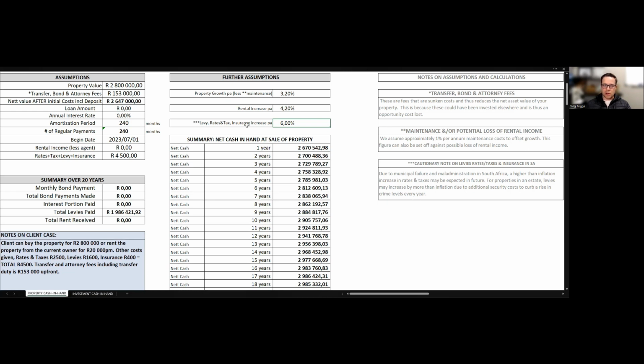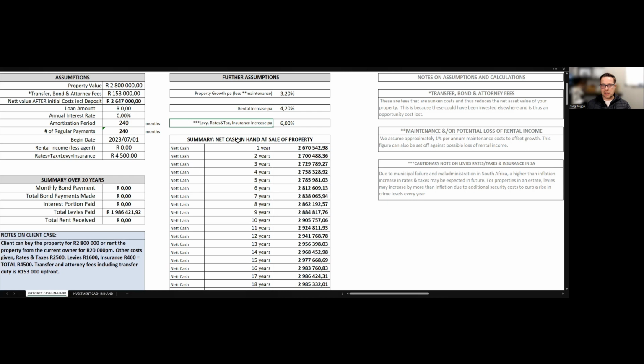What we must caution on is the 3 asterisk caution that I've put here. And that's that municipal failure and maladministration in South Africa is quite high. And that might cause rates and taxes from municipalities to increase over time to recover and build up funds to fix potholes and all of these kind of things in your suburb.